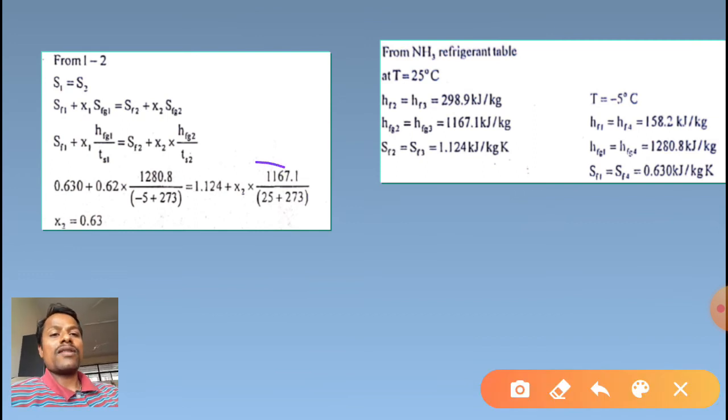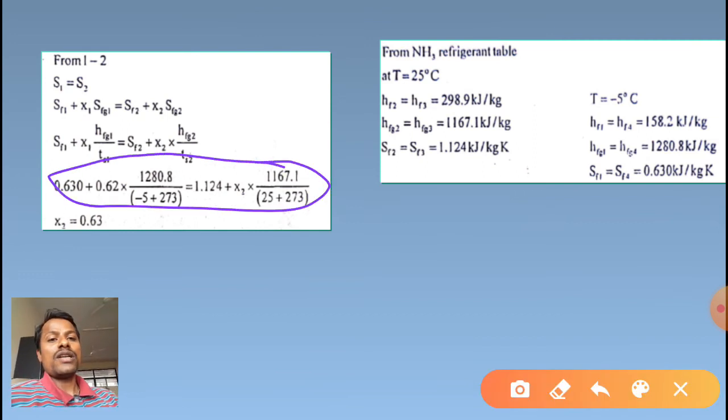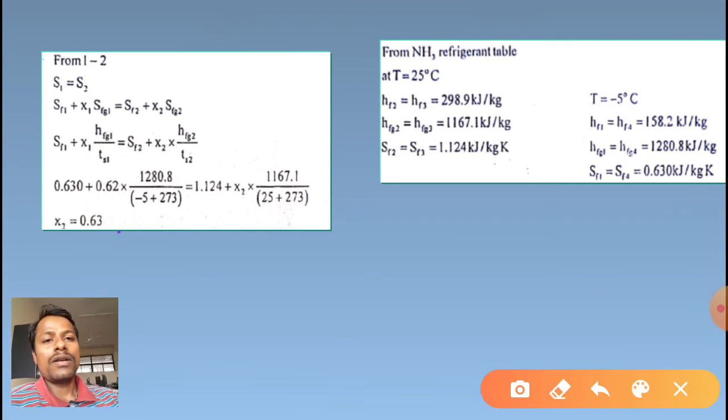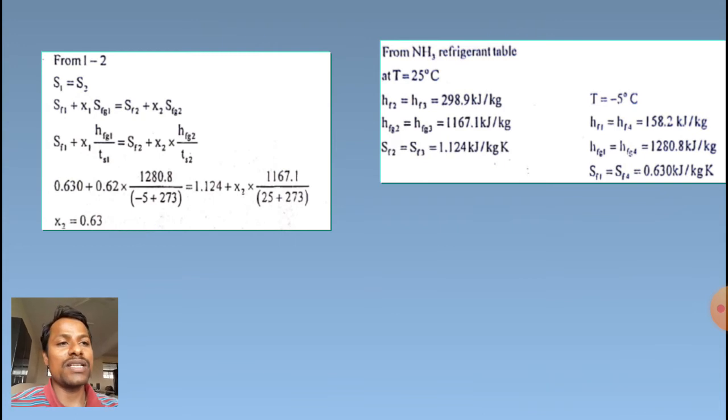If I operate the calculator for this equation, with only X2 unknown, I will get 0.63. From this we can conclude that the outlet of the compressor also has wet refrigerant, only 63% dry. At the compressor inlet it is only 62% dry, and at the outlet of the compressor it is 63% dry.